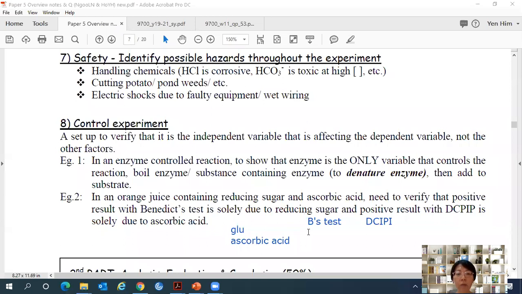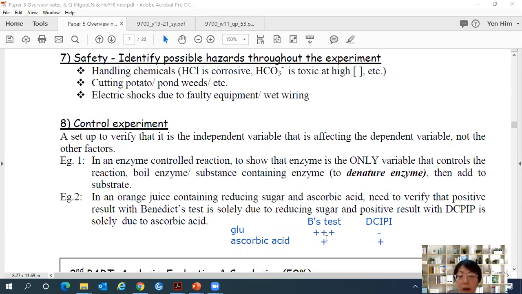After I do the tests, I find, oh, for Benedict's test, glucose gives positive. And for DCPIP, glucose is, let's say, negative. Okay, very good. But for ascorbic acid, Benedict's test gives a positive result, and DCPIP also gives a positive result.